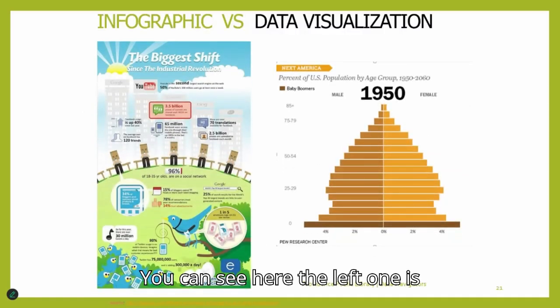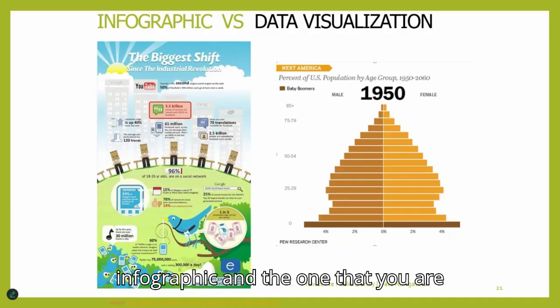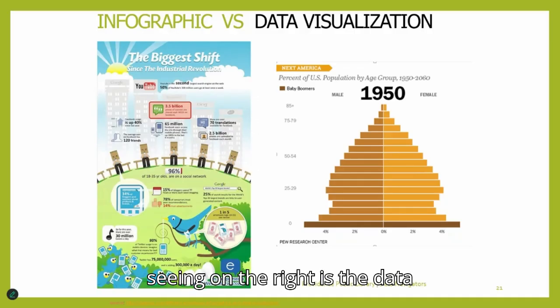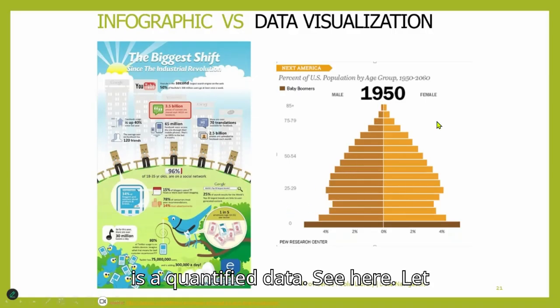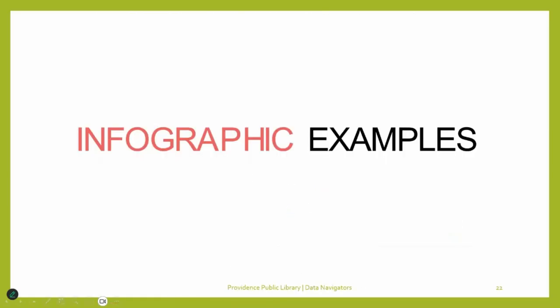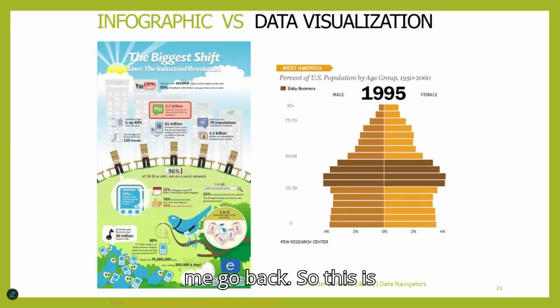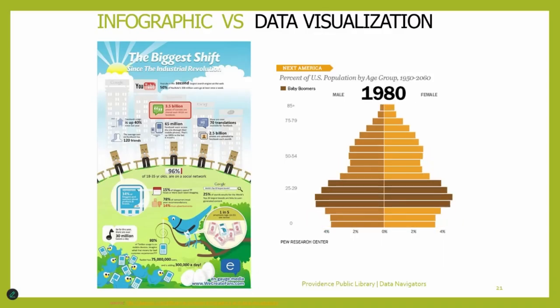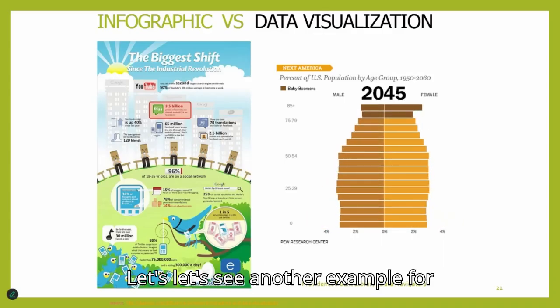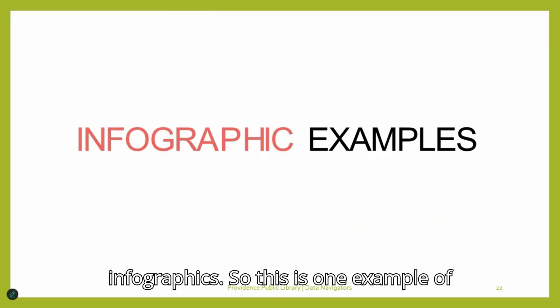You can see here, the left one is an infographic, and the one that you are seeing on the right is the data visualization. You can see here, it is quantified data. Let me go back. So this is the data visualization that we are seeing on the right-hand side. Let's see another example for infographics.